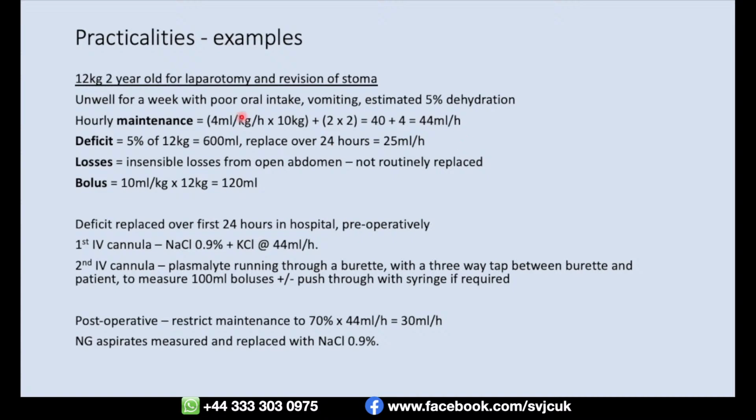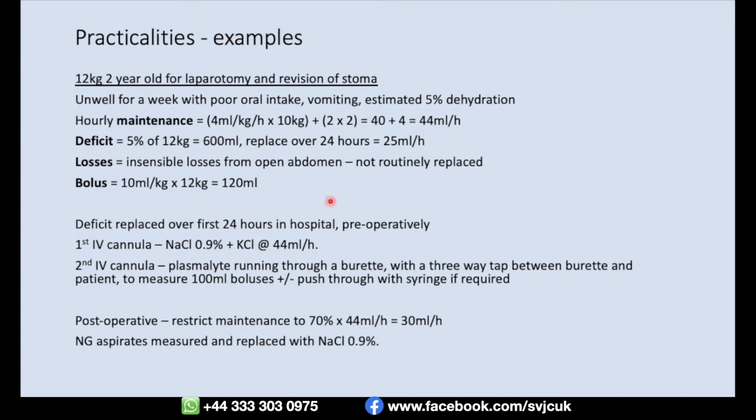The deficit in this case would be 5% of 12 kilos, which is 600 mils, and that's been sensibly replaced over about 24 hours by adding 25 mils per hour, so 600 divided by 24, adding that to the 44, so just giving a slightly increased maintenance rate.